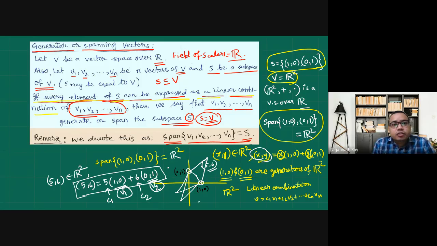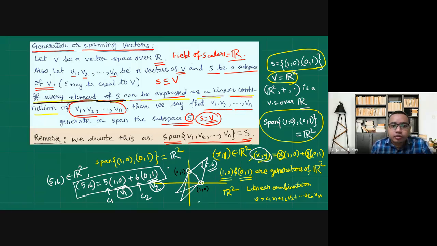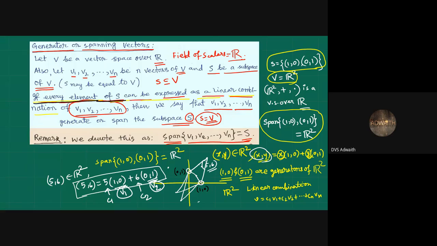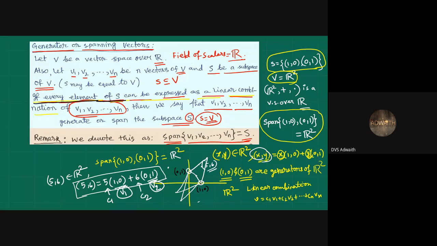In the example, x and y are scalars: (x, y) equals x times (1, 0) plus y times (0, 1). Yes, that is true. On the LHS, the coordinate (x, y) is from the vector space.